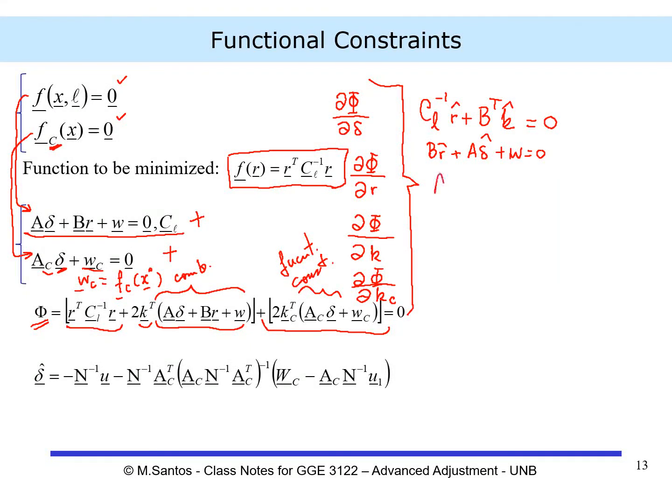The other is going to be A sub C K sub C plus W sub C equals 0, and A transpose K hat plus A transpose C K sub C hat equals 0. Something I should mention is that the constraint model has no covariance matrix associated with it. This is a functional model, a purely deterministic model.